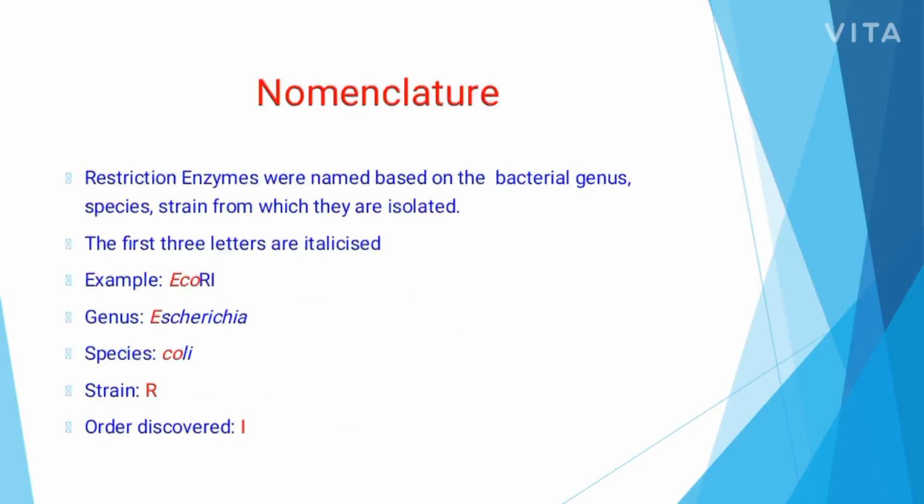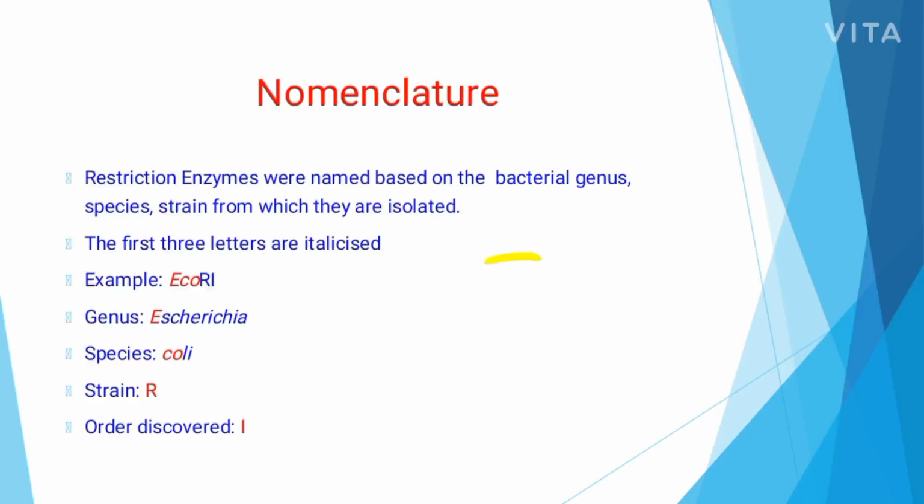Coming to the nomenclature, the restriction enzymes were named based on the bacterial genus, the species and the strain from which they are isolated. Suppose EcoR1. EcoR1 is the name of the restriction enzyme which is isolated from the bacteria Escherichia coli.